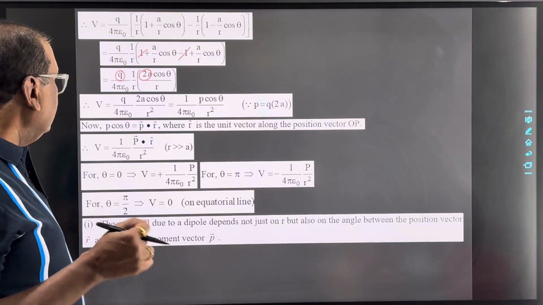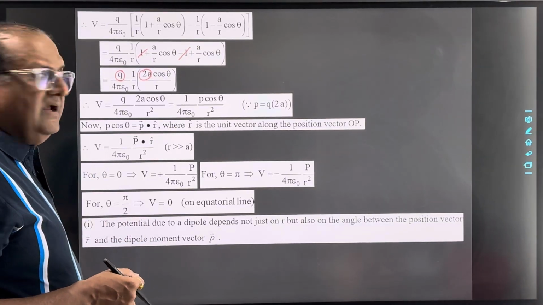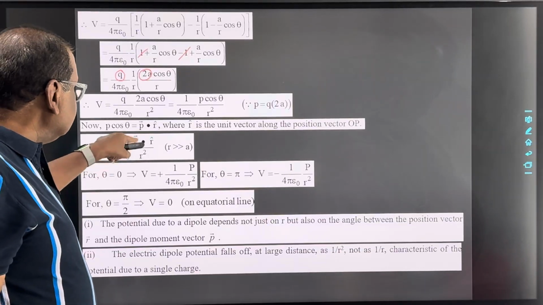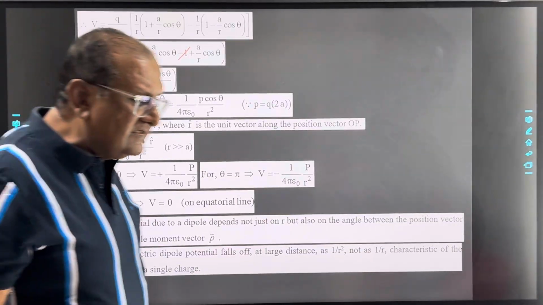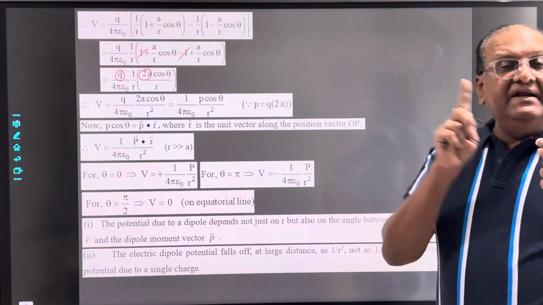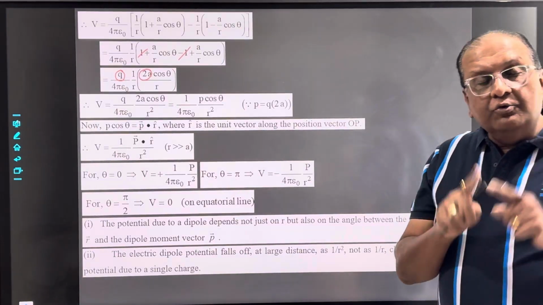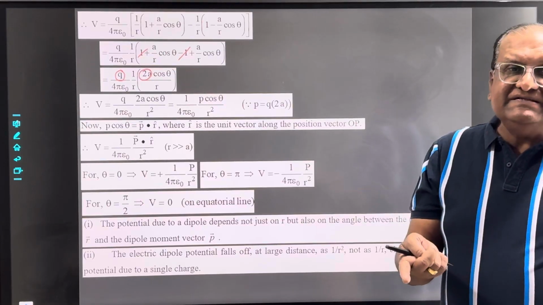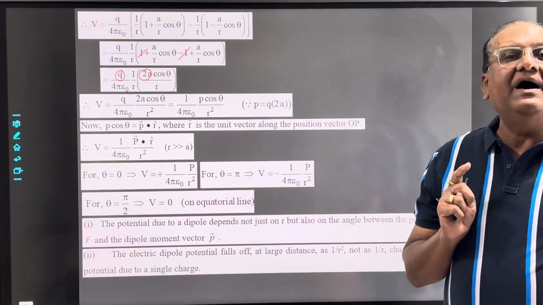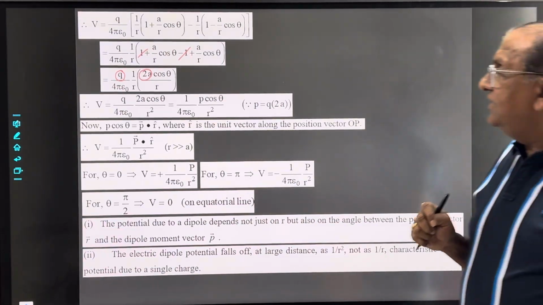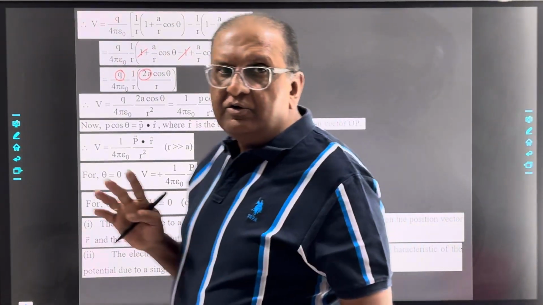And we can observe that the electric potential of the dipole decreases as 1 upon r square. In the previous theory we discussed that the electric potential due to a point charge decreases as 1 upon r. Clear? So this one is the electric potential due to a dipole. Clear to all of you?